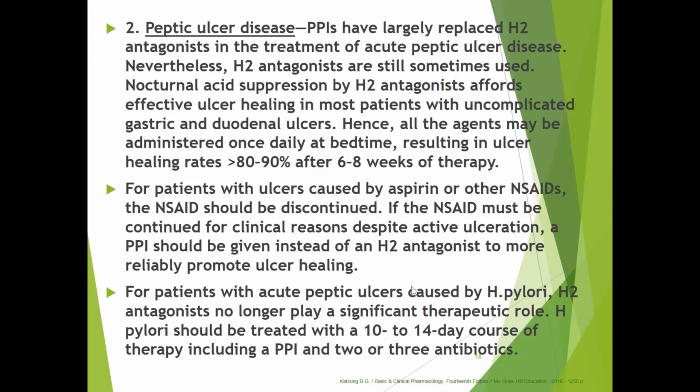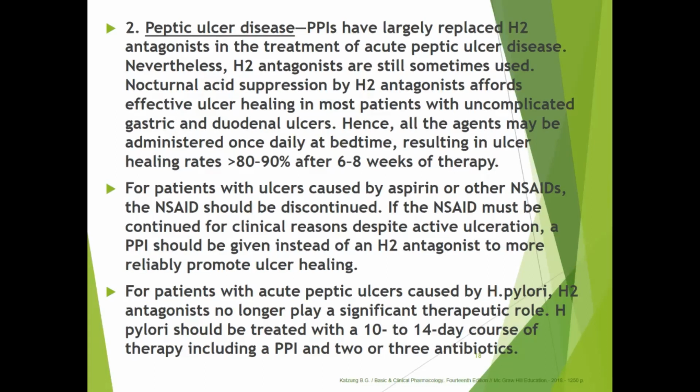For patients with an ulcer caused by aspirin or another non-steroidal anti-inflammatory drug, these drugs should be discontinued. If the non-steroidal anti-inflammatory drug must be continued for clinical reasons, despite active ulceration, a PPI should be given instead of the H2 antagonist to more reliably promote ulcer healing.